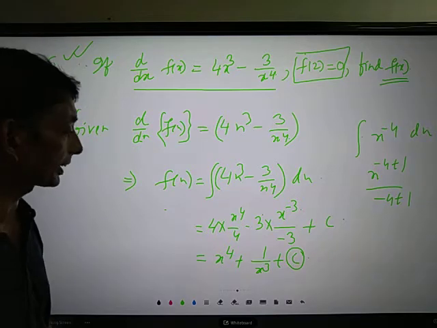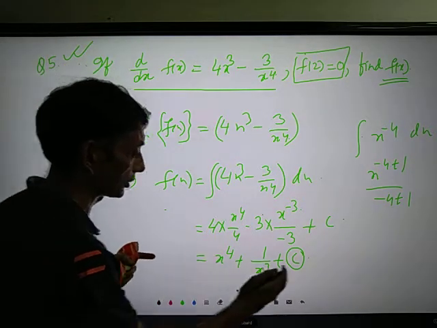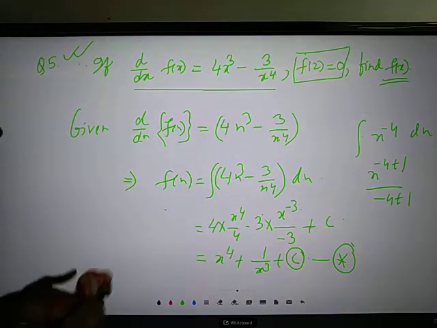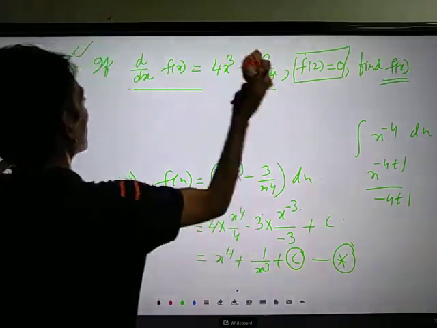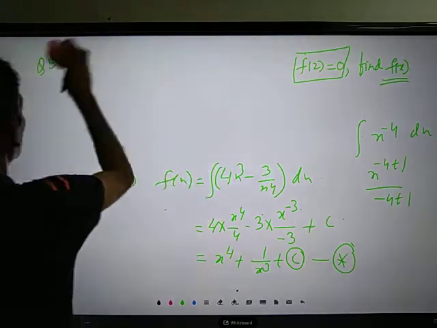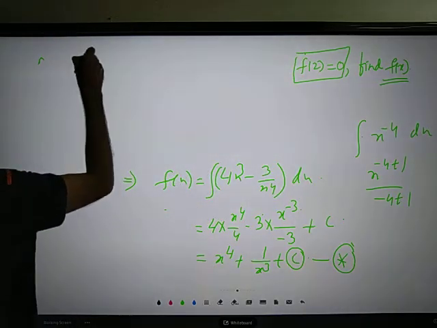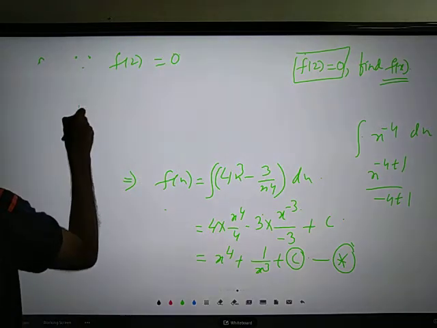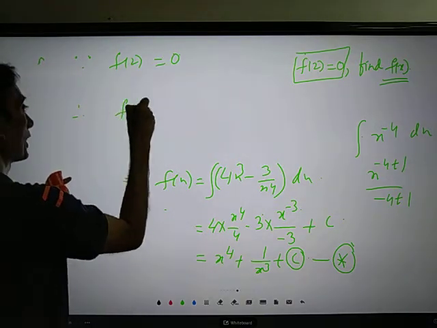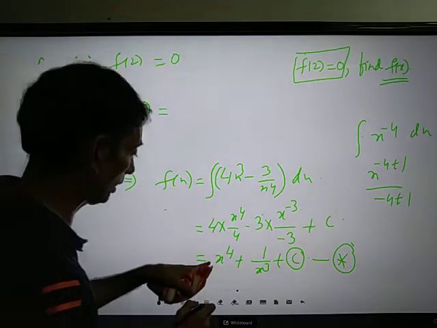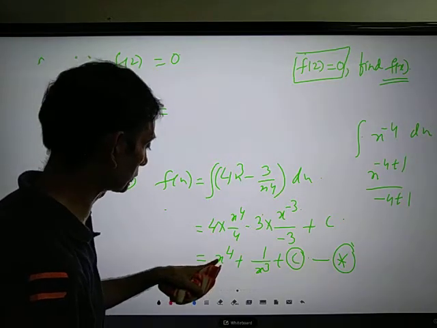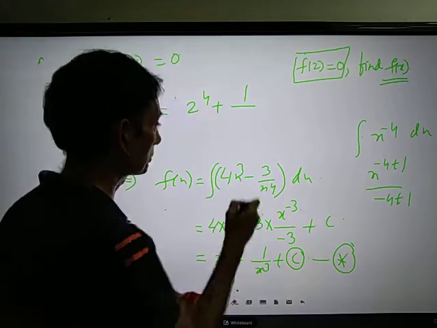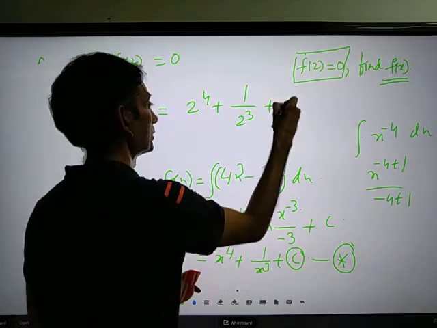We can calculate this with the help of this expression f(x). Since f of 2 is equal to 0, we'll write f of 2, and the x value is 2, so it will be 2 to the power 4 plus 1 by 2 to the power 3 plus c.